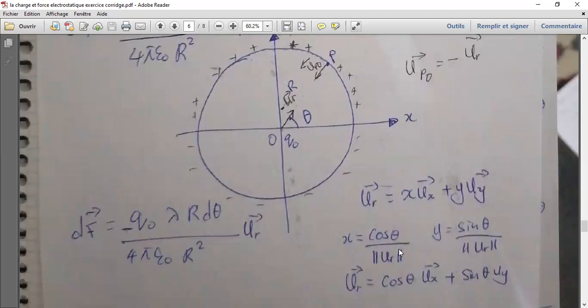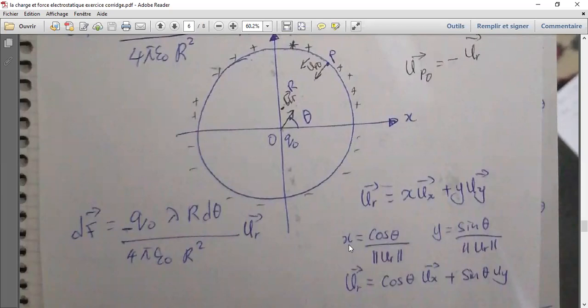No, I made a mistake. This UR was supposed to be here. It was supposed to be X divided by mod UR, and mod UR is always 1. I was supposed to divide it on this side. When I was writing, I just made a small mistake.